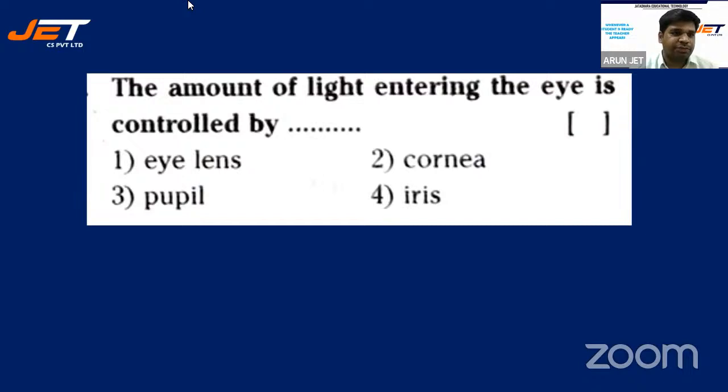Okay, 4, 3, 2, 4. Mixed response here. Let's look at the key. It's pupil, students. She is right. Kumari is right. Others, please check the answer. Exam is approaching. You cannot afford to be wrong now.